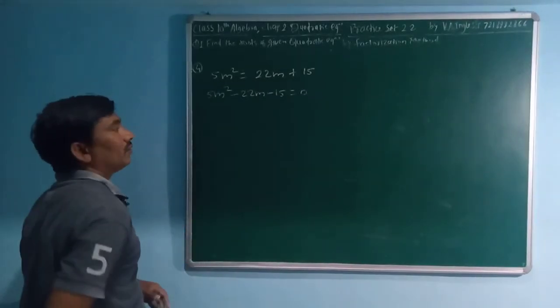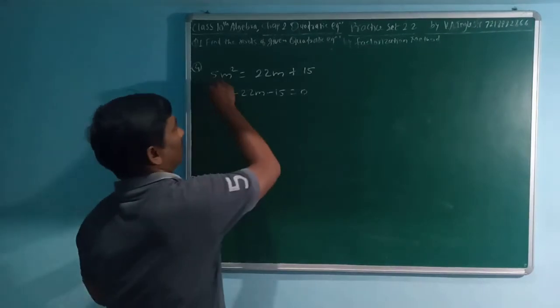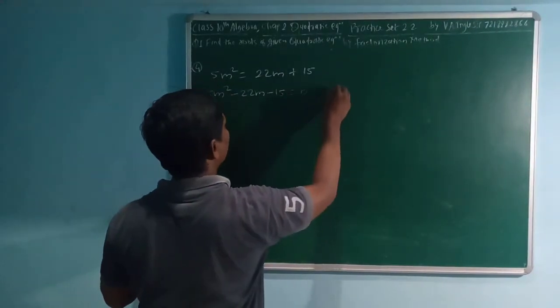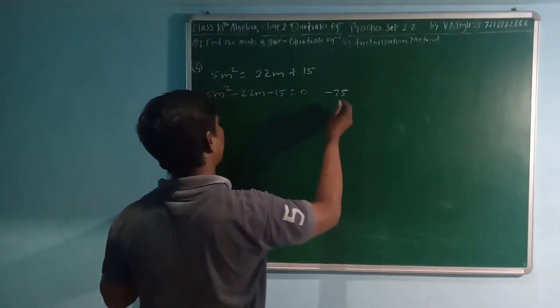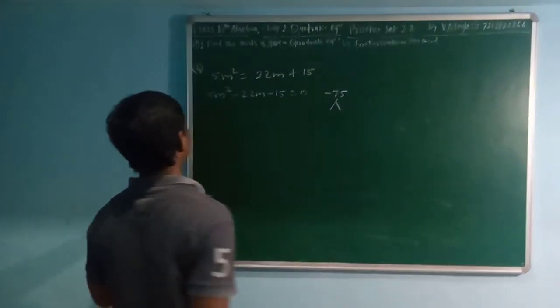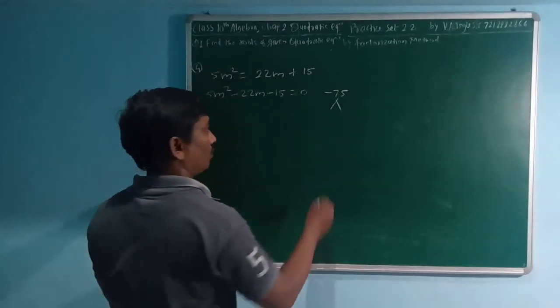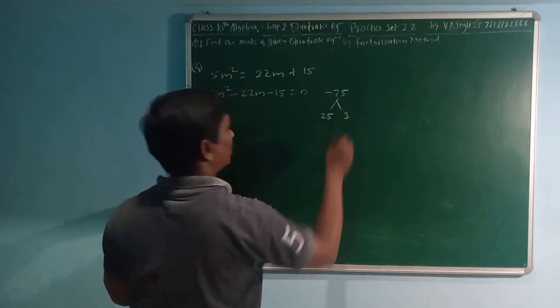Now it is in the general form of the quadratic equation. Then we'll multiply the constant term into the coefficient of m square. So minus 15 into 5, it will be minus 75. You have to factorize minus 75, so that those two factors should give minus 22. Okay. So we'll have 25 into 3.